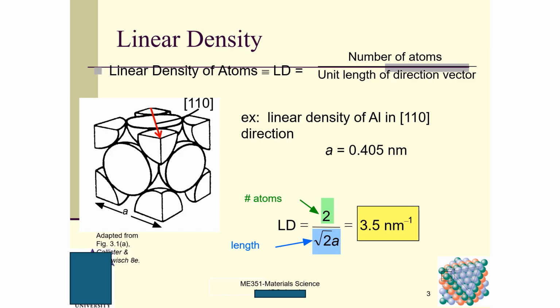And unit length is meter or nanometer. We seldom use centimeter. We use meter, millimeter, micron, and nanometer, in steps of 10 to the minus 3. This is the level of measurement for length.